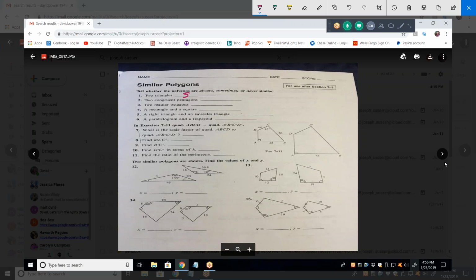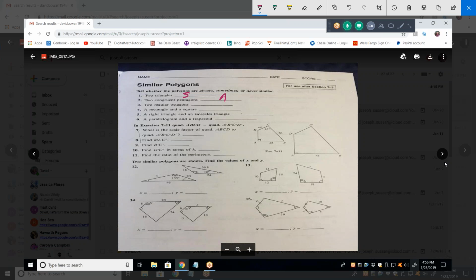So that same congruent word applies to pentagons, and so always. If something's congruent, it's always similar. It doesn't matter what it is. If something's similar, it isn't always congruent. In other words, congruency implies similarity, but not vice versa.